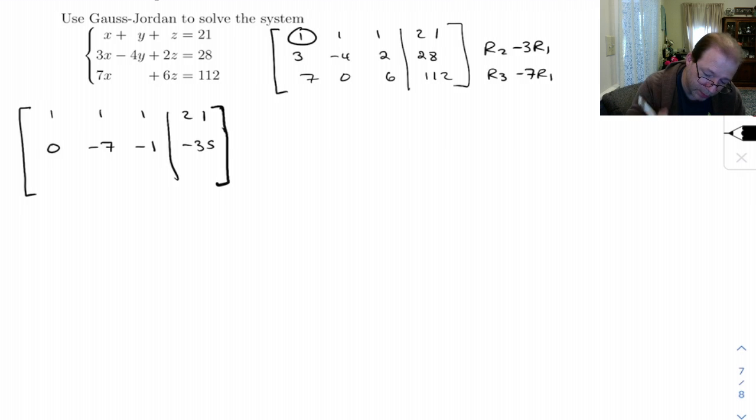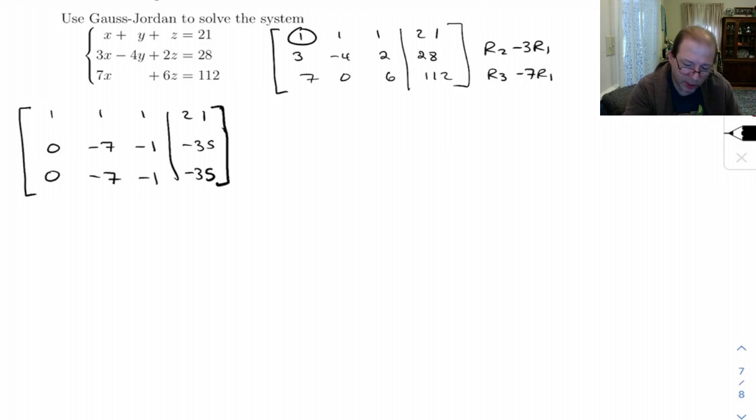Then on the bottom, let's see, we get 7 minus 7. Then we get 0 minus 7. Then we get 6 minus 7. Interesting. And then we get 112 minus 7 times 21. It's negative 35.